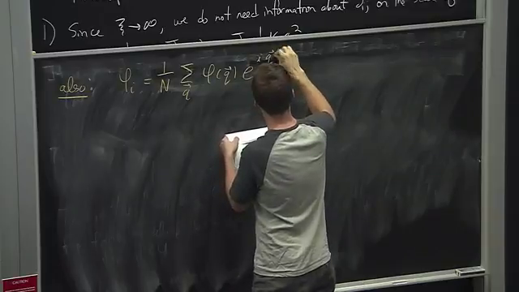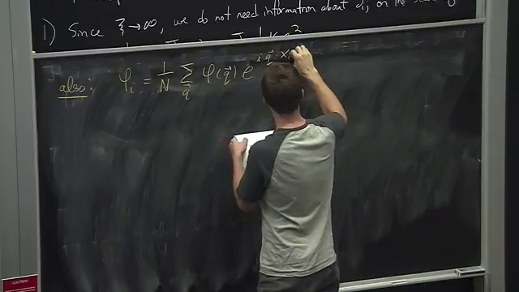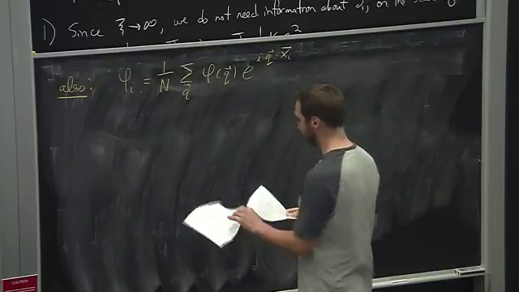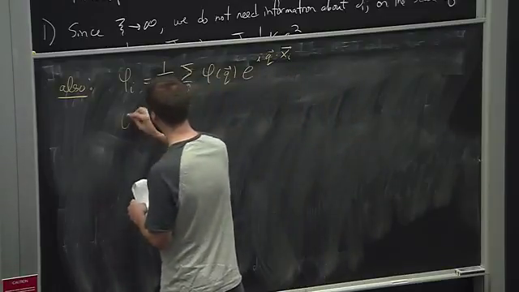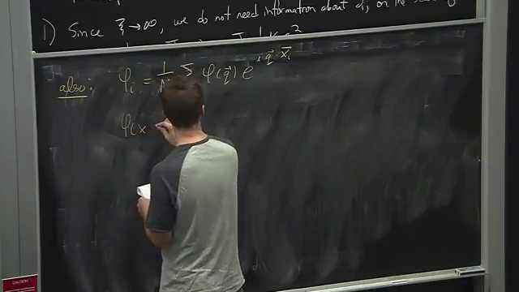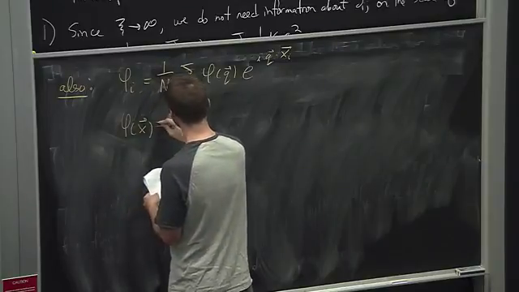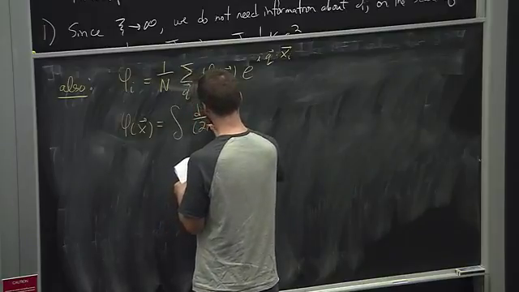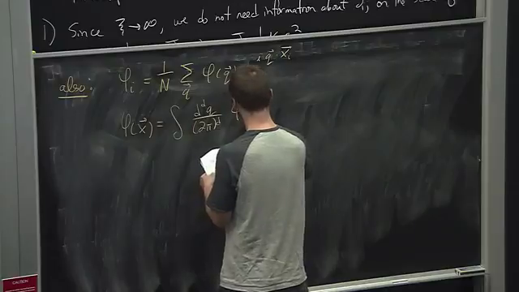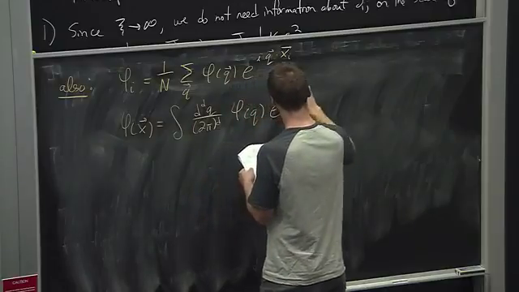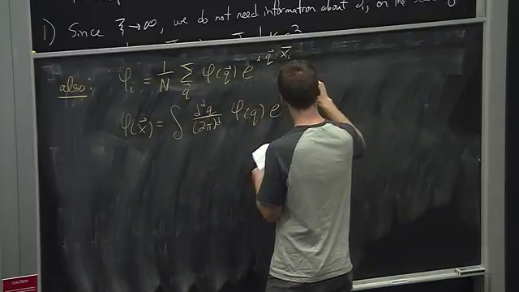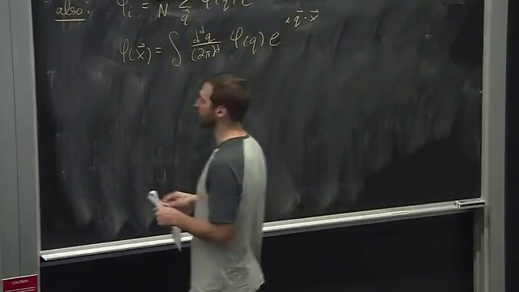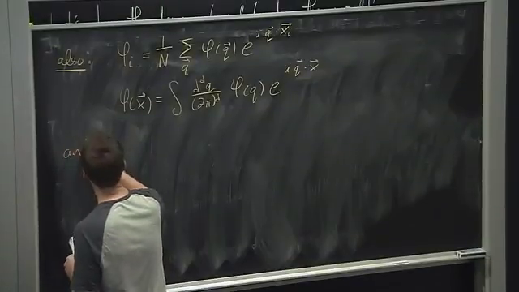I Q dot, I'll call it X now. Apply these formulas and look to see that you get, in the continuum, something like that. And similarly for the momentum, for the inverse.